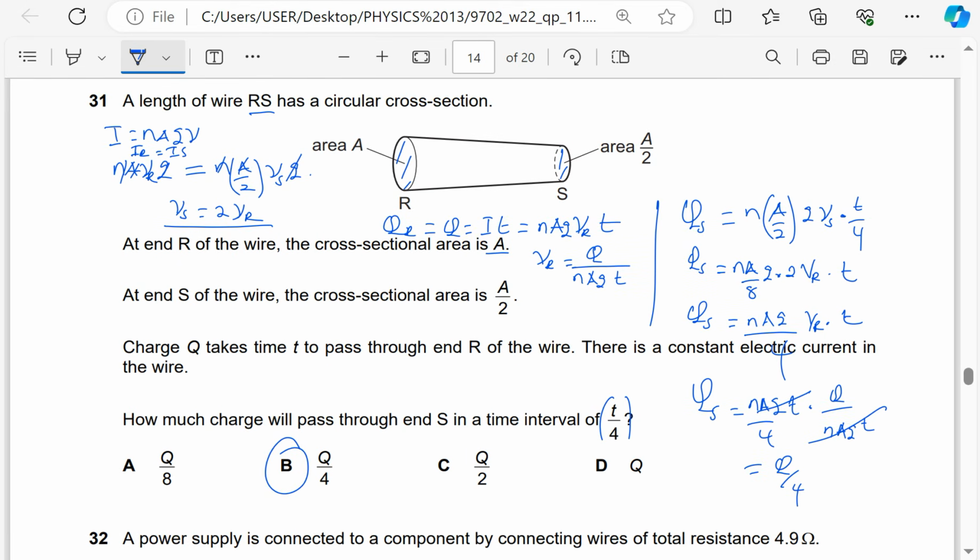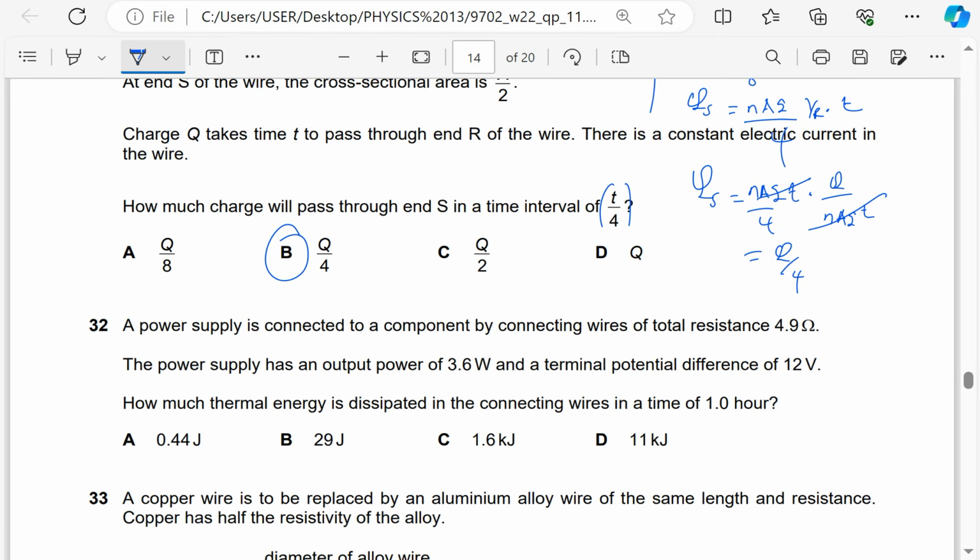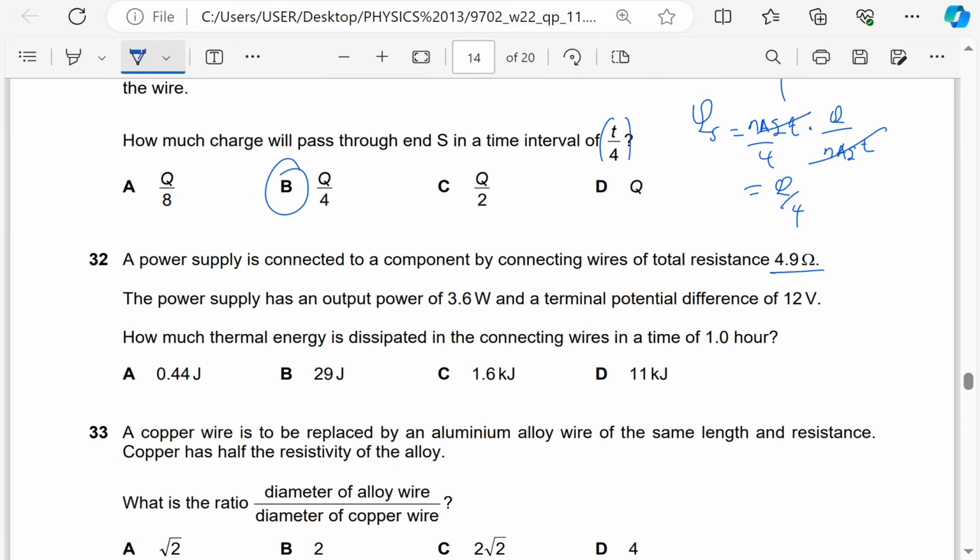If you're good at mathematics and relations, you don't even need to do all this. A power supply is connected to a component by connecting wires of total resistance 4.9 ohms. The power supply has an output of 3.6 watts and terminal potential difference of 12 volts.